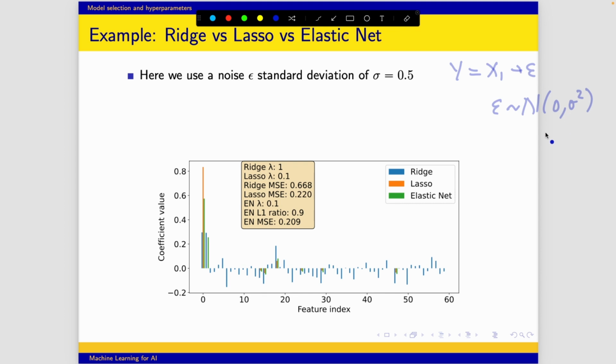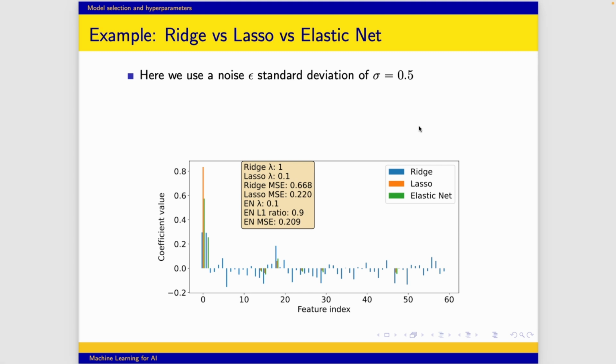So the standard deviation sigma here I'm setting to 0.5. And what we're going to do is select the hyperparameters.